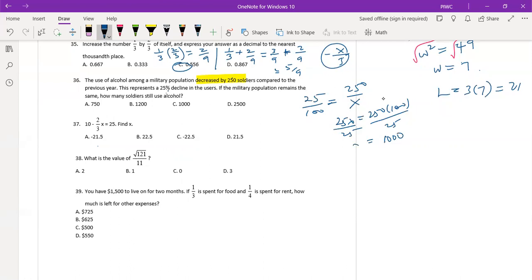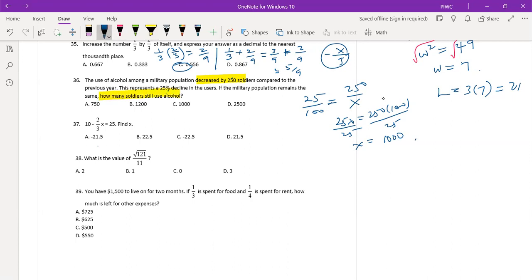So X is 1,000. Remember, this 1,000 is not the answer, right? This 1,000 is just the military population. But the question says, how many still use alcohol? So it's very catchy here.